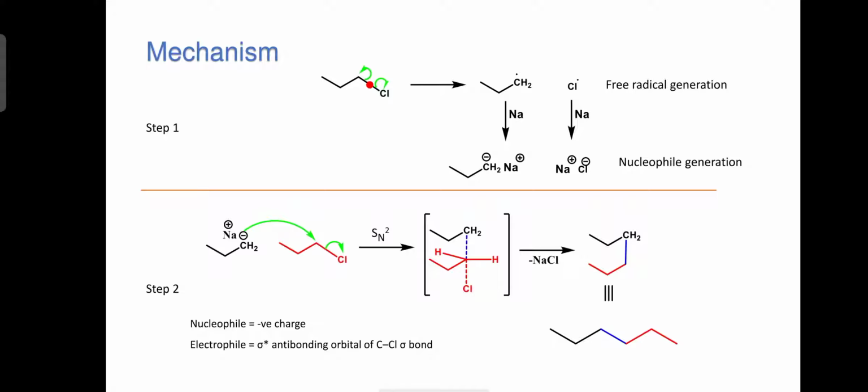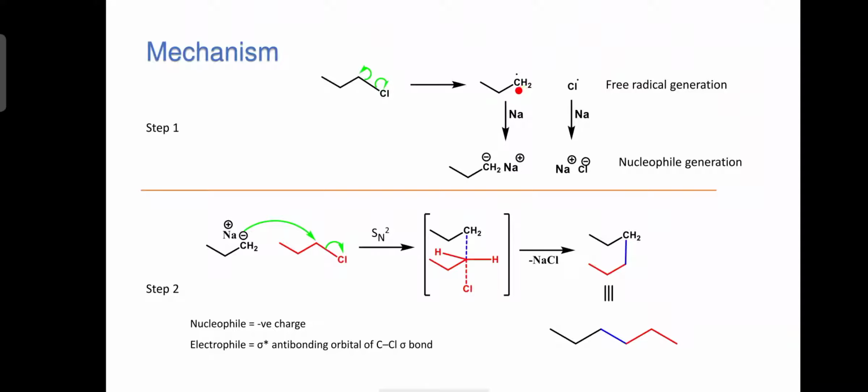One electron moves toward this carbon atom, and one electron moves toward this chloride atom. Two new species form, known as free radicals, because the one electron is represented here by a dot. You can see it on the CH2 here, and on this chloride free radical.